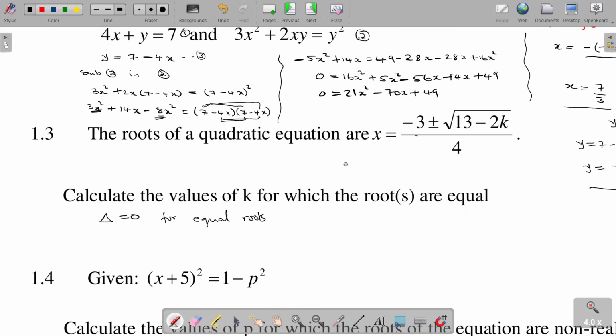The part under the root sign, 13 minus 2k, must be equal to 0. Then 13 is equal to 2k when we transpose the k to that side. We can now divide both sides by 2. So our k is equal to 13 over 2 for the roots to be equal.